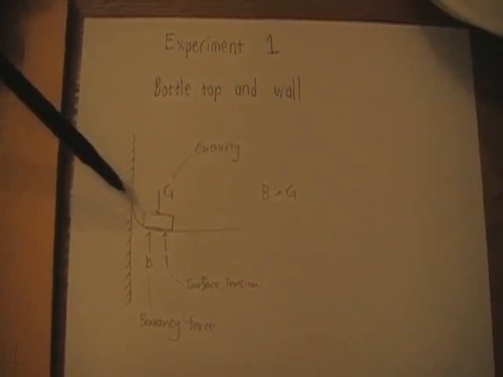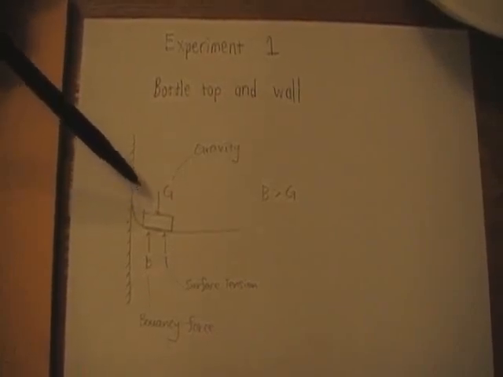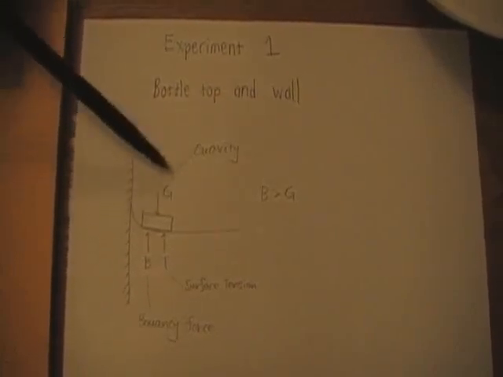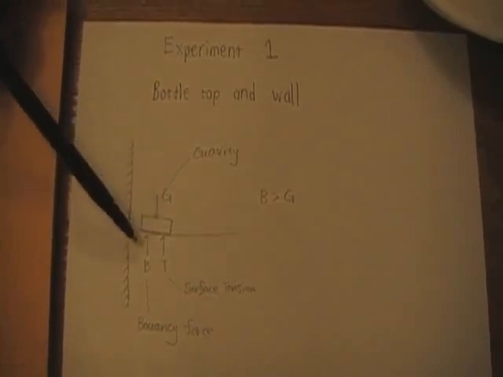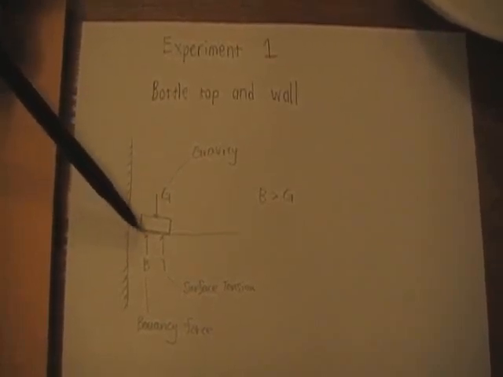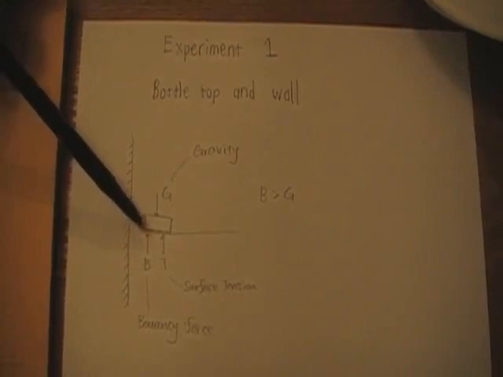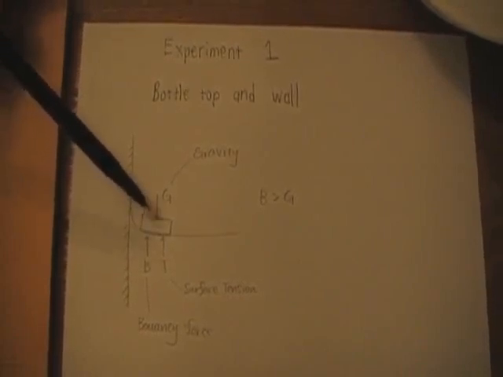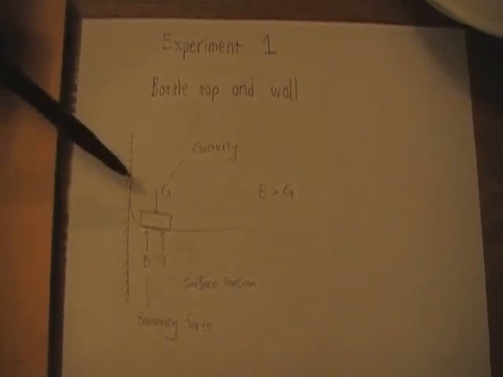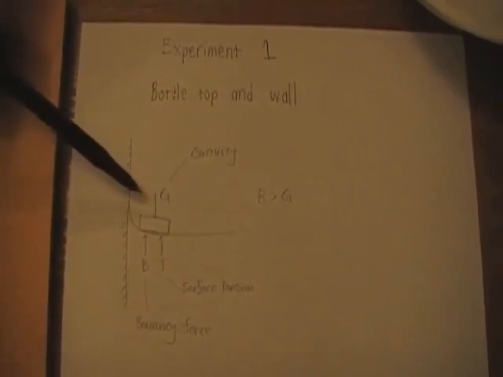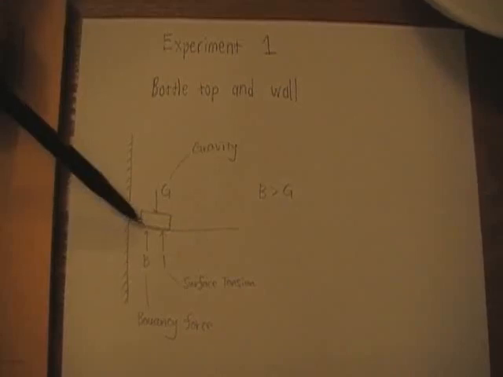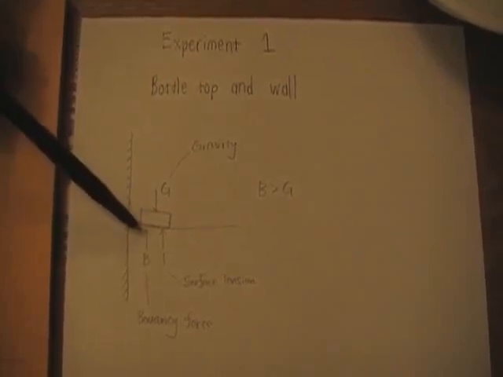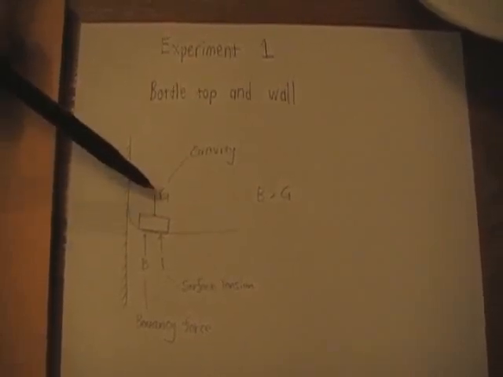You'll see in the drawing that there are 3 main forces acting on the bottle top. There's gravity pushing downwards, you have buoyancy pushing upwards, keeping it afloat, and surface tension also pushing upwards. In this experiment, it's important to note that the bottle top is less dense than the water that we're floating it in, so the buoyancy force will be greater than the gravitational force.